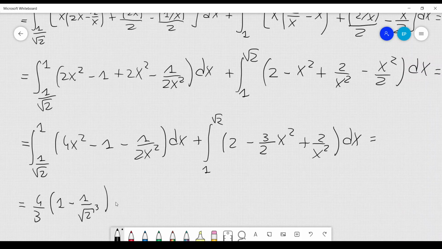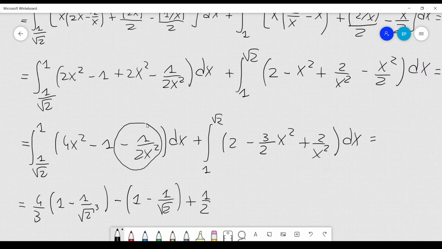And then I have minus, when I integrate 1, I have x, and if I evaluate it at the boundary, I have 1 minus 1 over square root of 2 plus 1 half. Now the integral of minus 1 half times 1 over x squared is plus 1 half times 1 over x. So if I evaluate 1 over x at the boundary, I get 1 minus square root of 2 here.